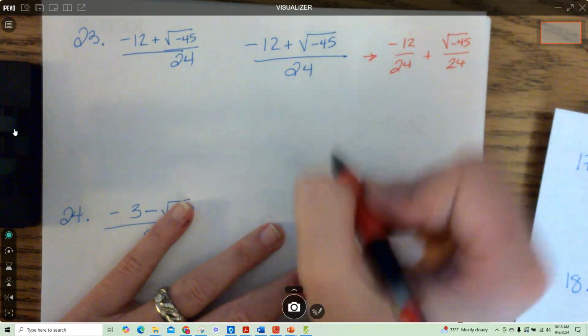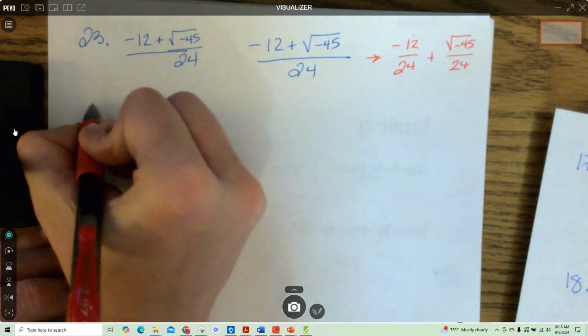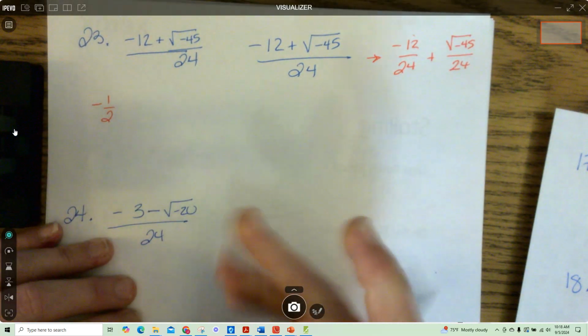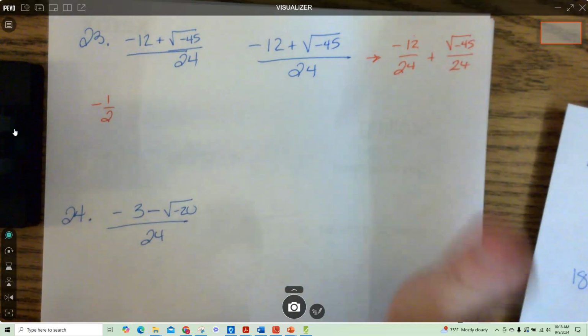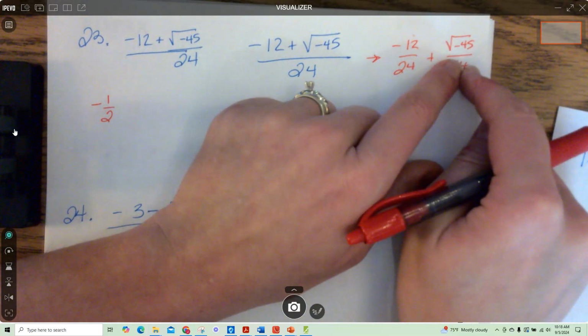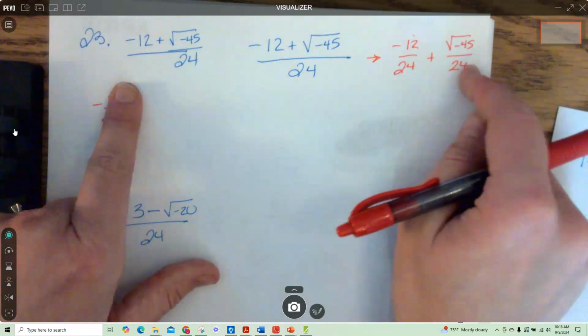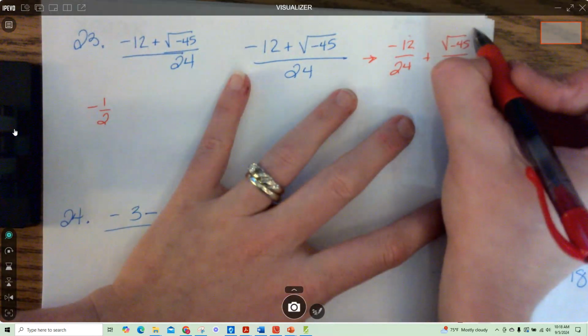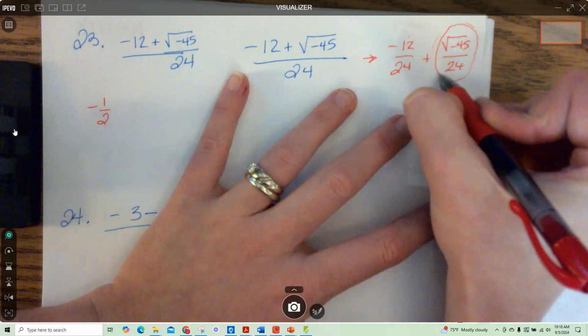That way I can just knock this piece out. That's a negative 1/2. This piece is done. This we have to simplify down. We'll come back to this, but let's look at just this piece right here.